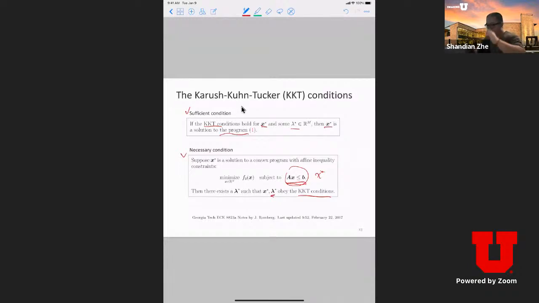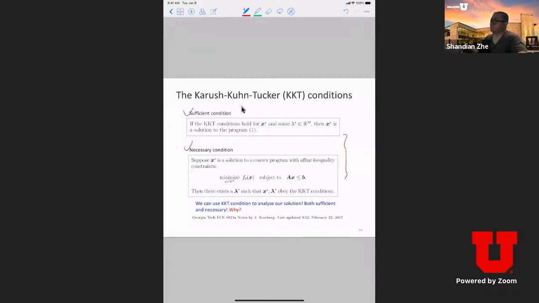Okay, great. Now we can apply these results and see if those sufficient or necessary conditions are applicable to our problem. Actually, for our SVM formulation, KKT conditions are both sufficient and necessary.